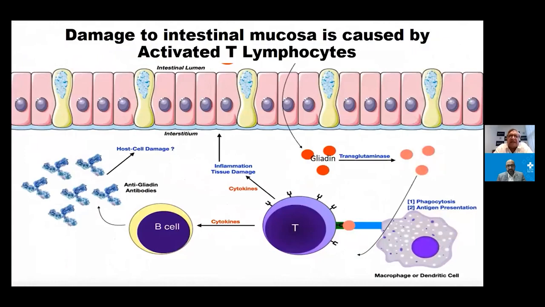Damage to the intestine is caused by the activated T lymphocytes. And I'll explain how the process takes place. But overall, it is an immune-mediated damage which is triggered by gliadin.